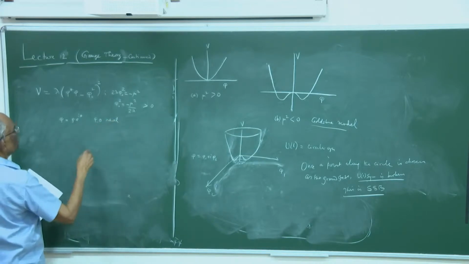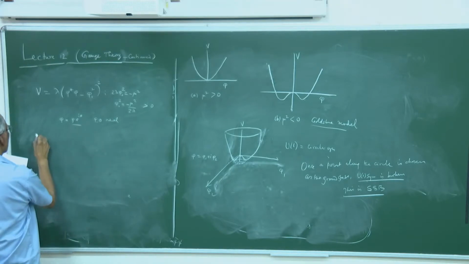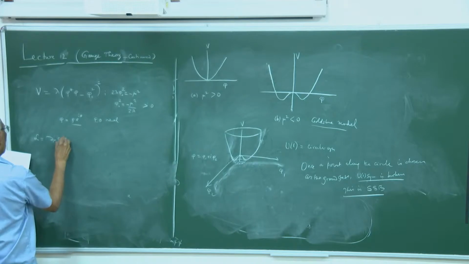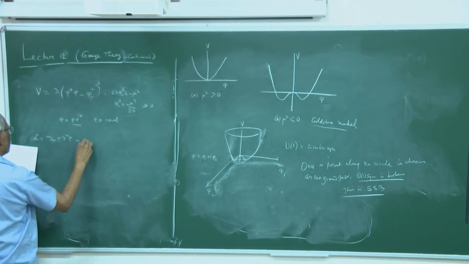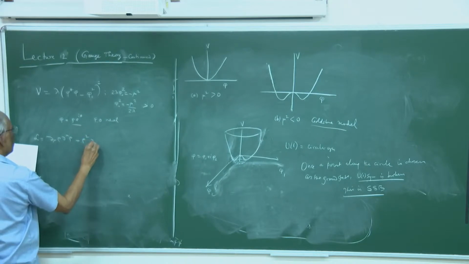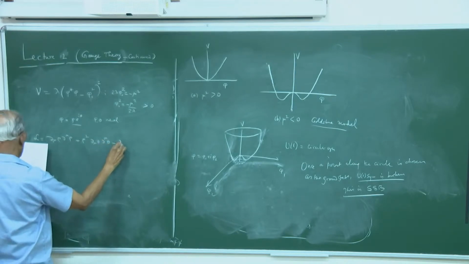So rewrite your Lagrangian density, which again I have rubbed off, in terms of these fields. So it looks like this: d mu rho, plus rho square. Please verify this simple algebra. Minus lambda.